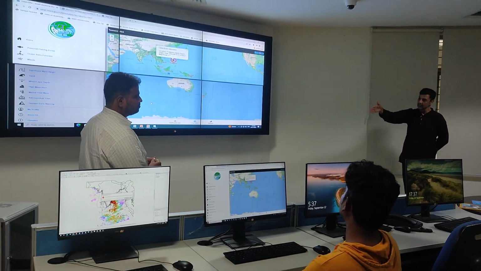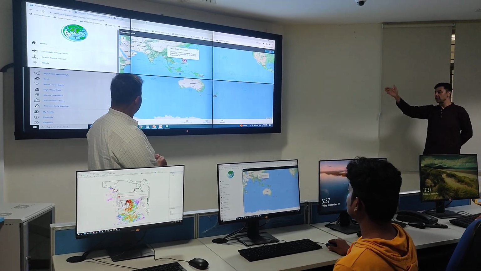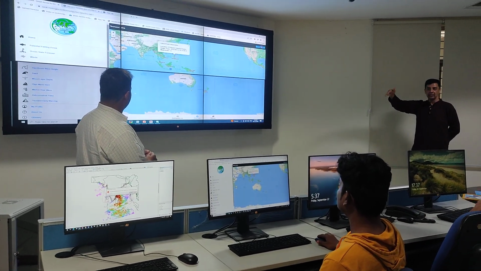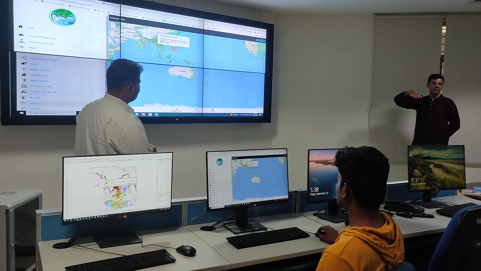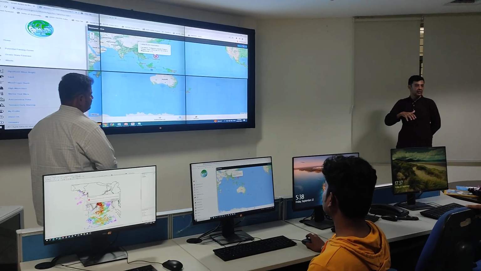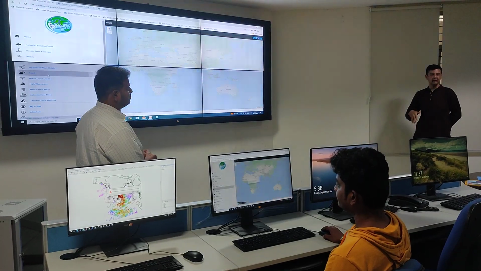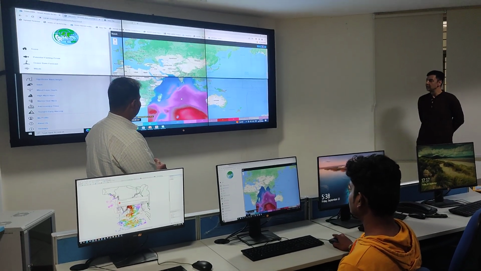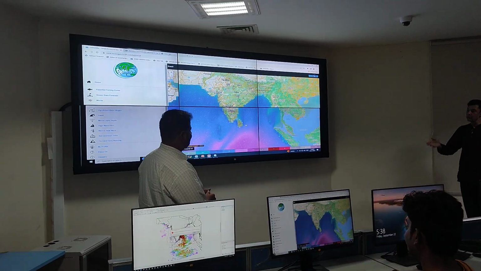For maybe Madagascar or Australia side, for example Australia is a partner country, right? So we do get a lot of observations for them also. But where we don't have that, it might not be as correct as it is in this region. So make use of that, and he will show the demo of how you can choose the parameter and how you can visualize.